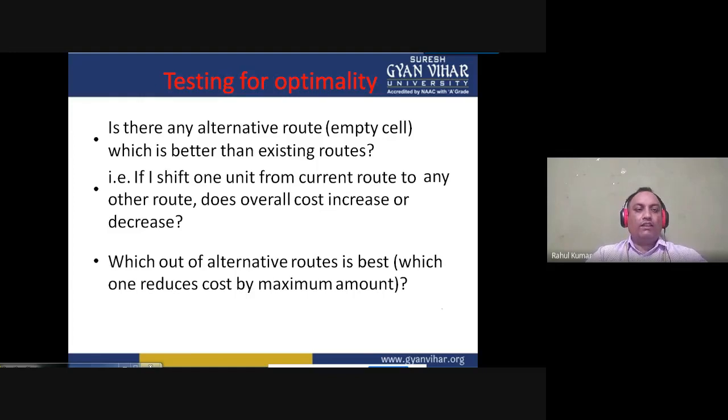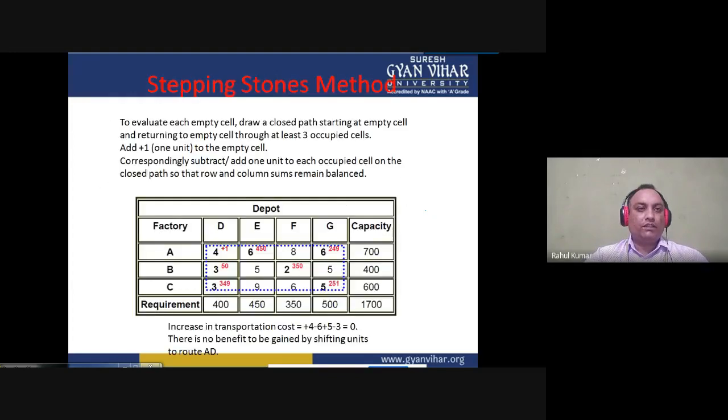Or if we shift one unit from the current route to another route, does the overall cost increase or decrease, and which of the alternative routes is best, and which one reduces cost by the maximum amount, right? This is the problem related to the stepping stone method.